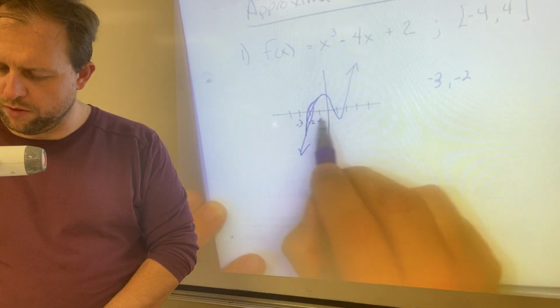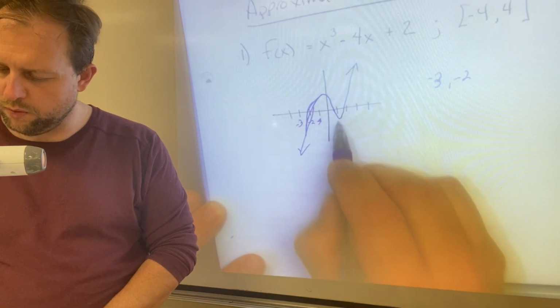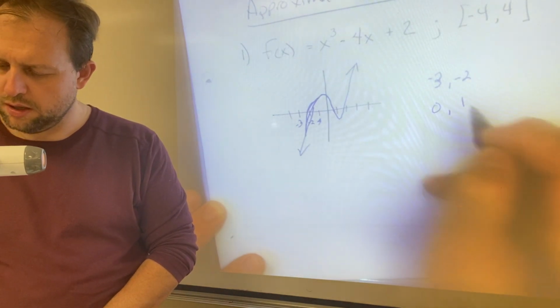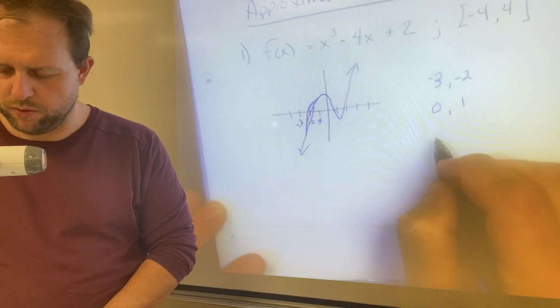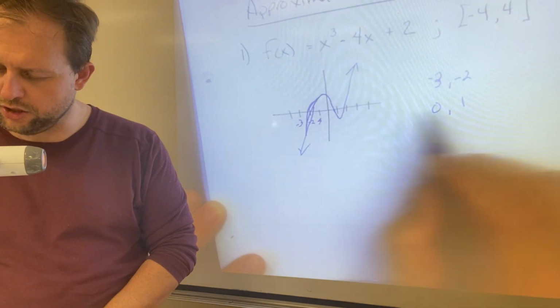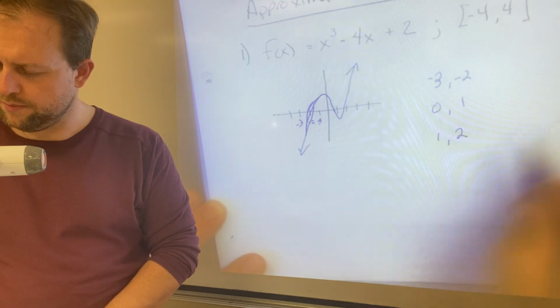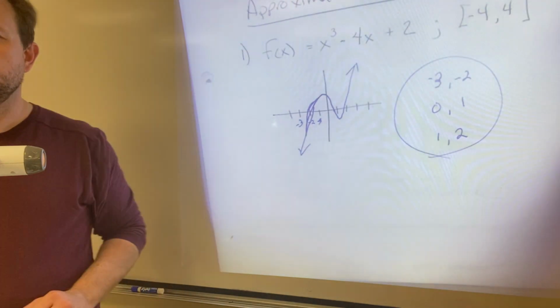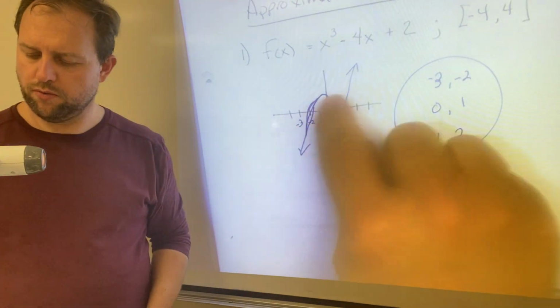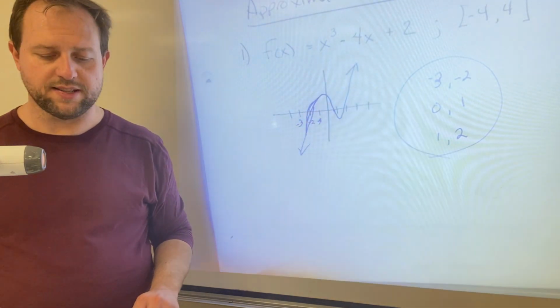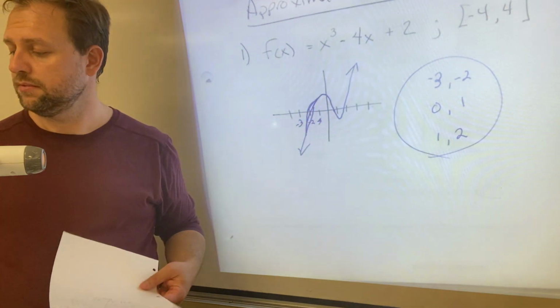We will have another one between 0 and 1, and we'll have another one between 1 and 2. Those are the three areas where we have a zero of the graph, or where it crosses the x-axis.